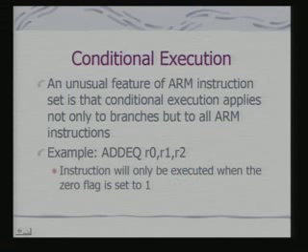Here is an example with an addition instruction associated with a condition code. What does that mean? This addition instruction will only be executed when the zero flag is set to 1. That is exactly the condition code that I am referring to here.